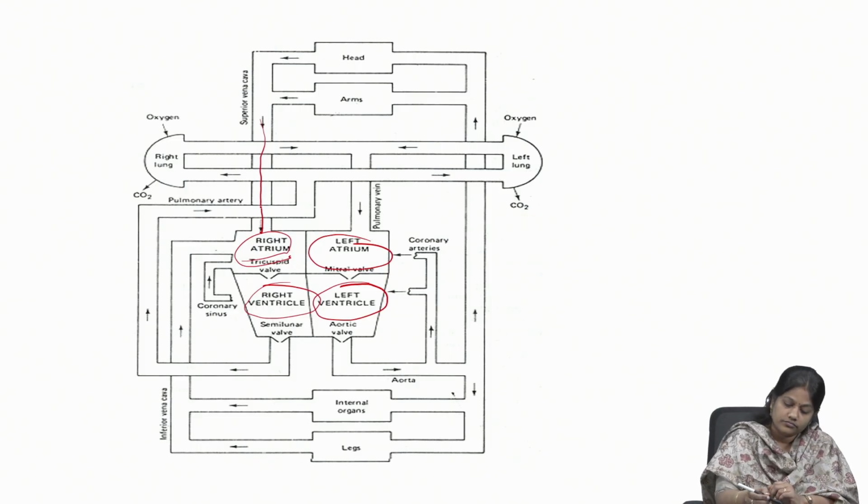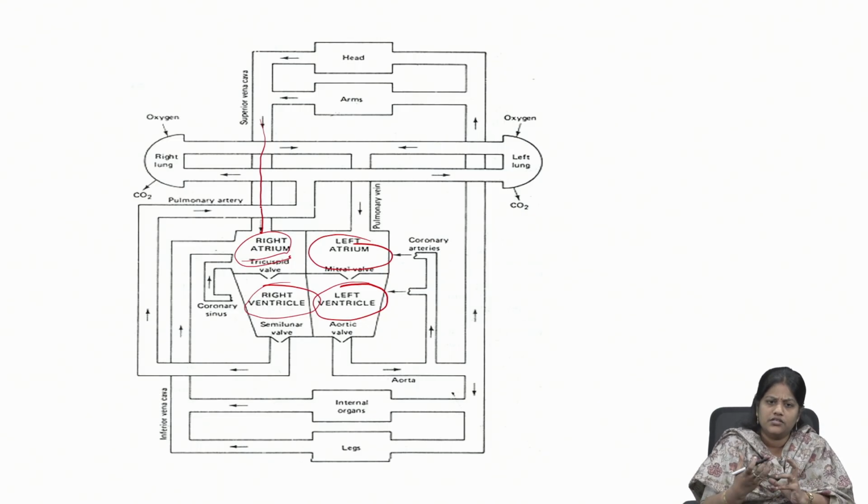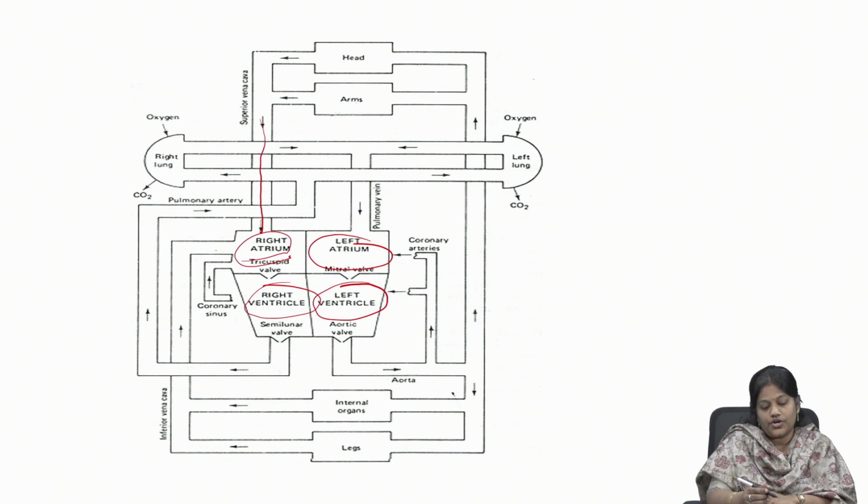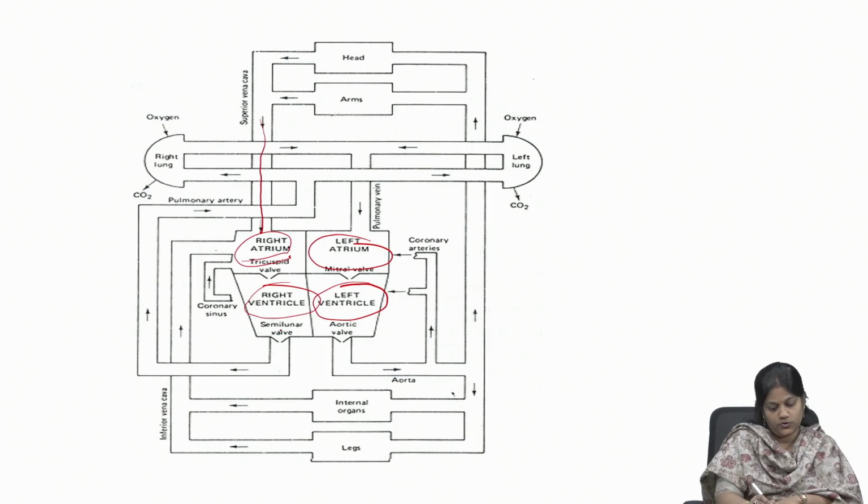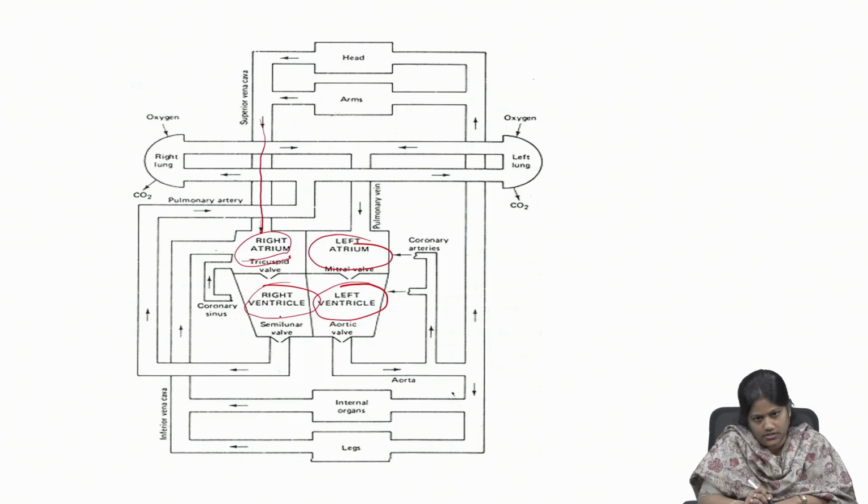And whenever the chamber is completely filled with blood, with that pressure, the tricuspid valve will open up. And next, whenever the tricuspid valve opens up, the blood flows into the right ventricle.